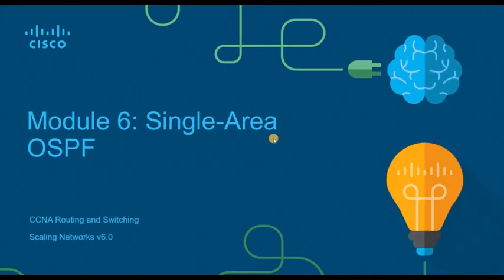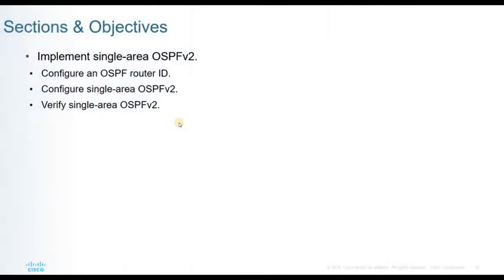Before we proceed with the configuration proper, let's take a look at this module's objectives first. As I was saying a while ago, we're going to implement single area OSPF version 2 for IPv4 networks. One of its parameters is configuring an OSPF router ID.